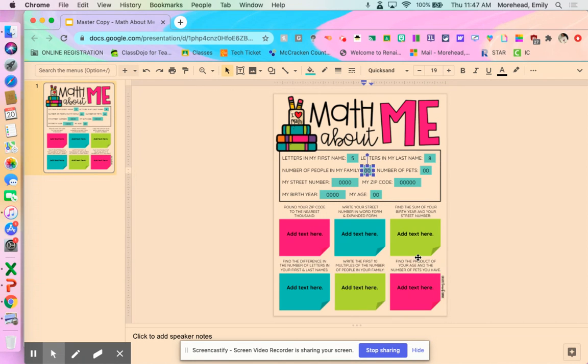Continue on here and fill these out. The number of people in my family is 4. I have 1 pet, a dog. My street number, so the house, or the apartment, or wherever you live, your street number is going to be those first couple of numbers that are in front of your street address. So mine is 323. My zip code, everybody's going to have a different one.